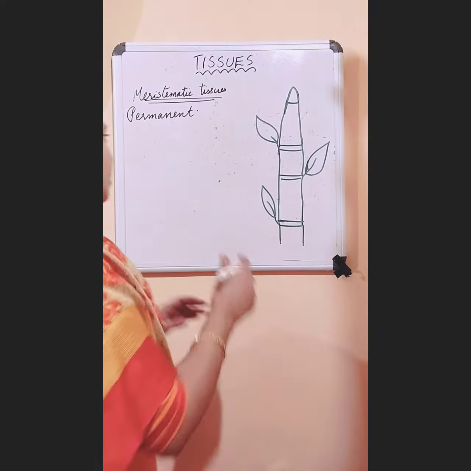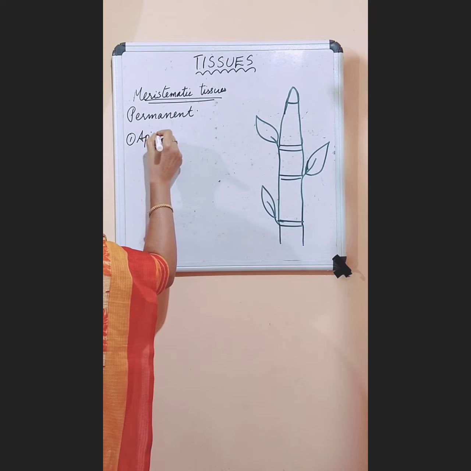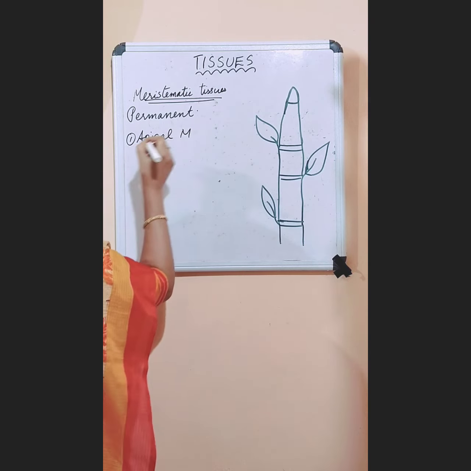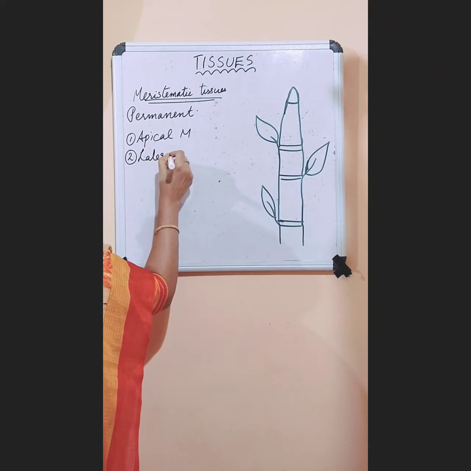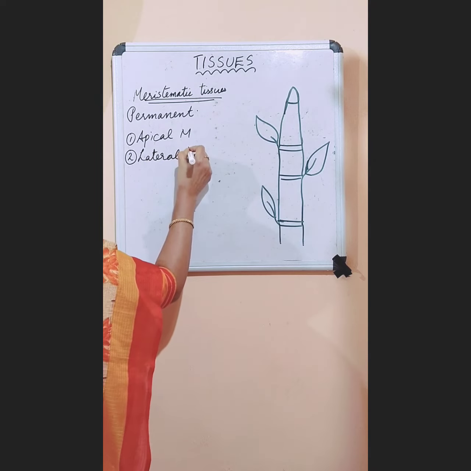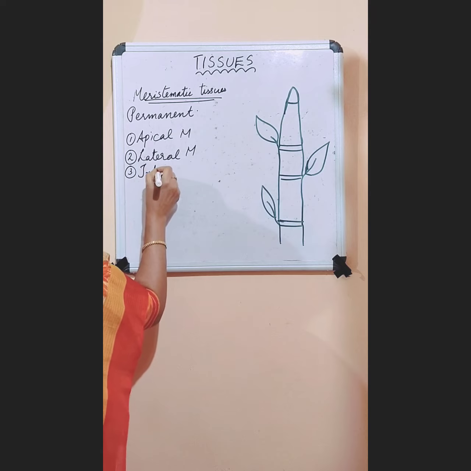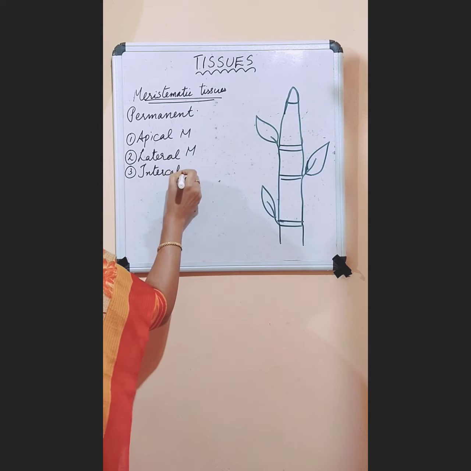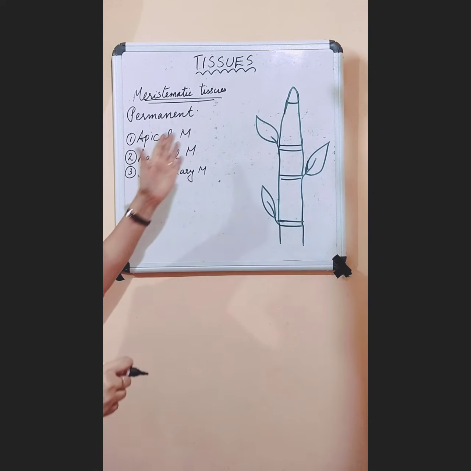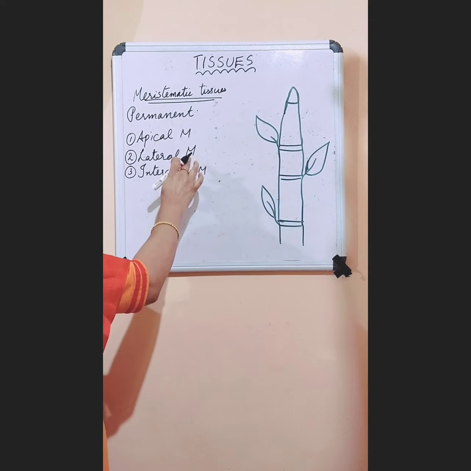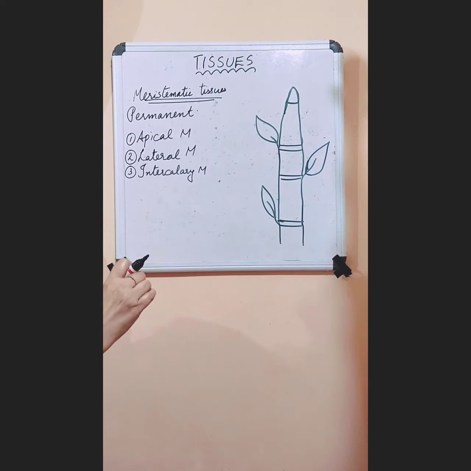And they are apical meristem, lateral meristem, and intercalary meristem. So which are the three types of meristematic tissues? Apical meristem, lateral meristem and intercalary meristem.